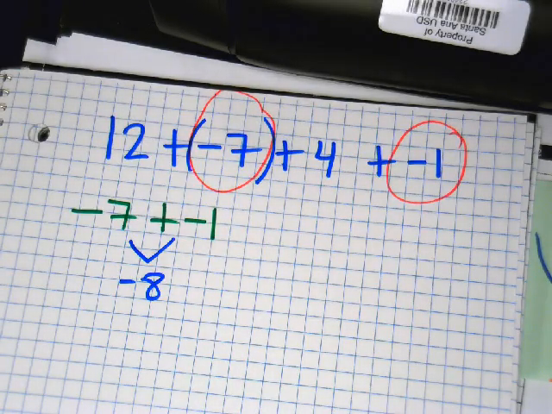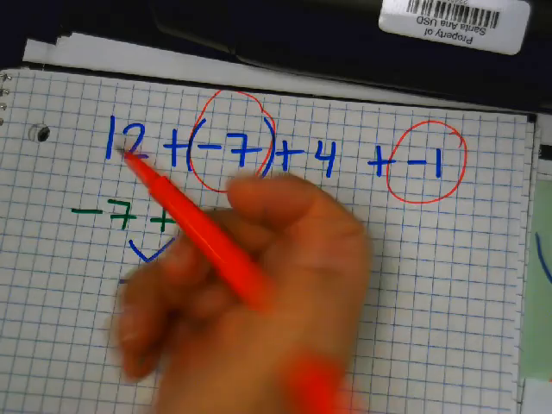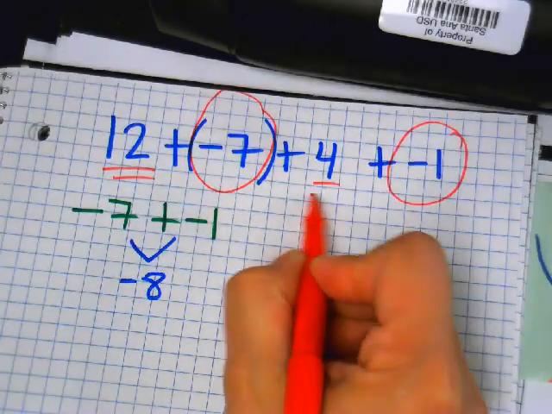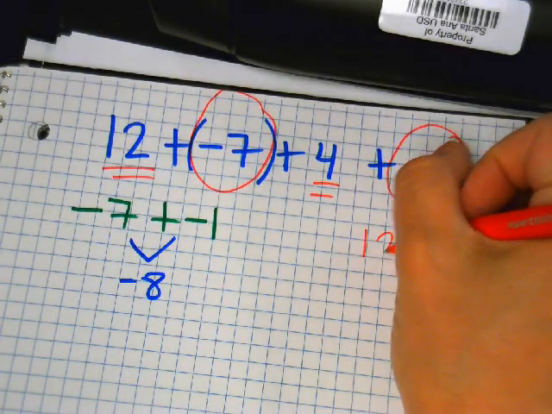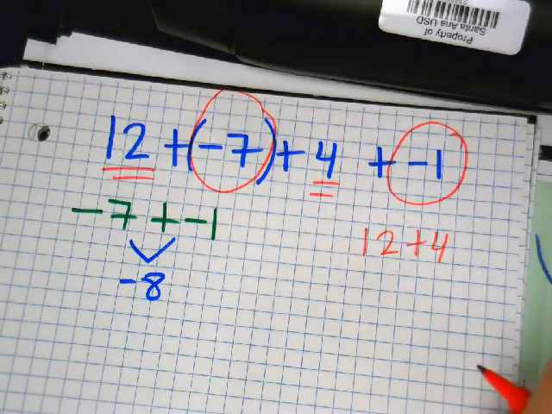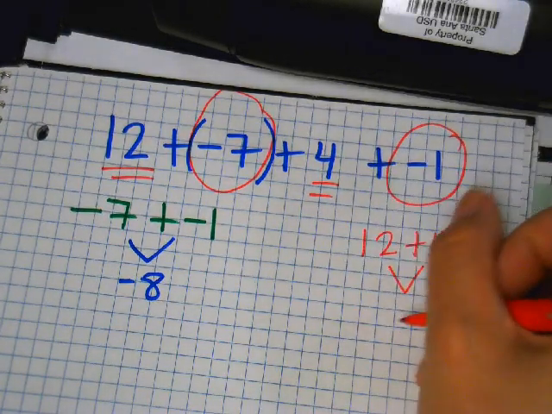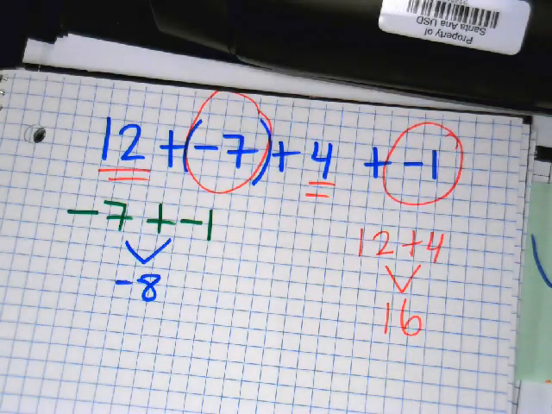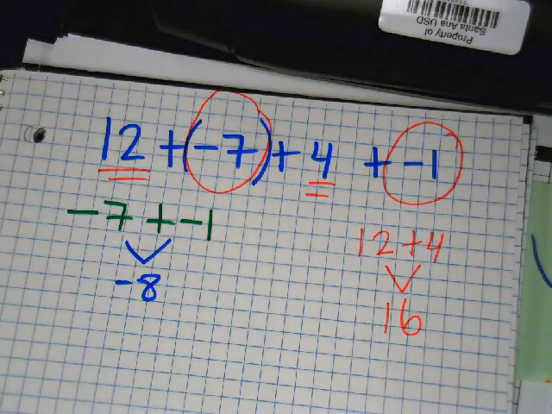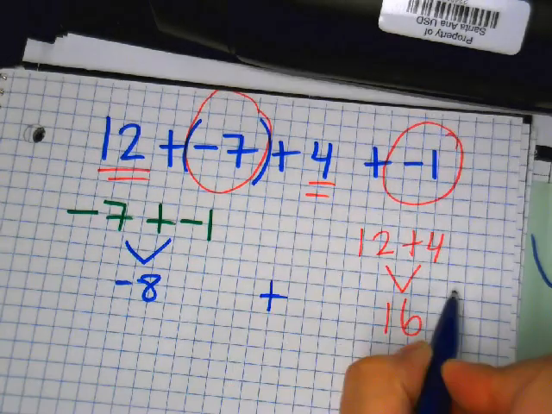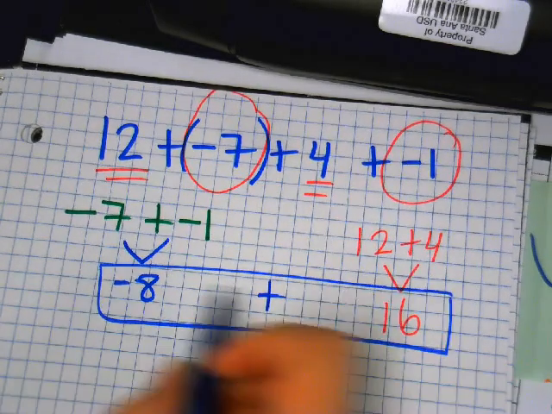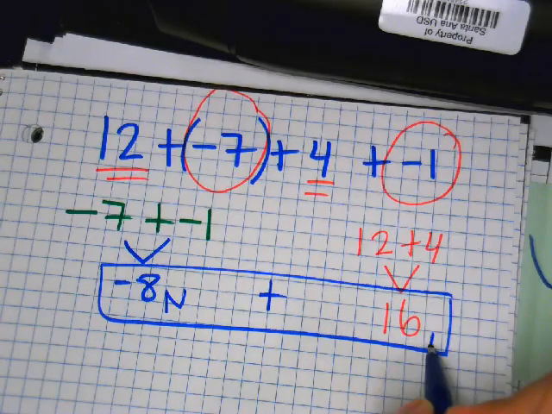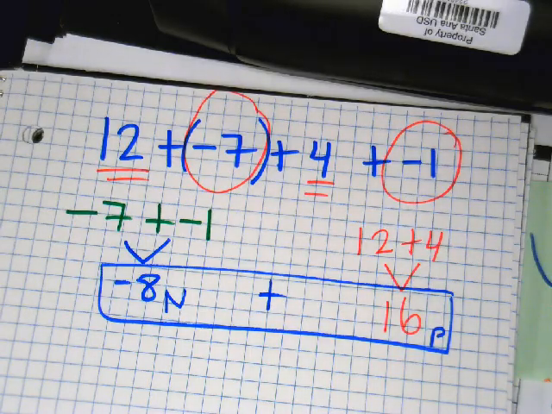So that's half the problem. Then the other half is actually way easier. Your positive numbers. What's 12 plus 4? 16. Okay, now I'm going to combine these two. This is a negative, this is a positive. So are they the same or are they different?